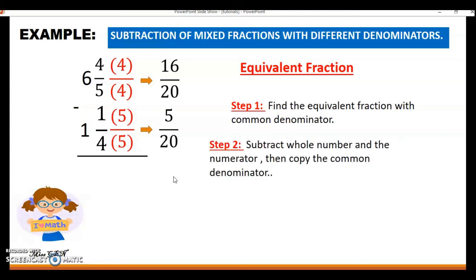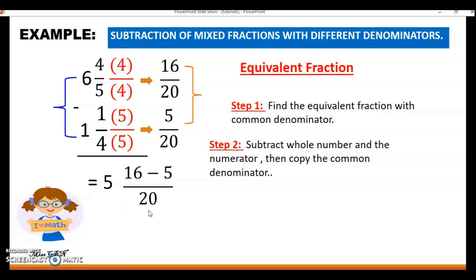Step 2, subtract the whole numbers and the numerators, then copy the common denominator. So our whole number here is 6 minus 1. So 6 minus 1 is equal to 5. And subtract our numerators, which is 16 minus 5 over 20. Copy our common denominator of 20.